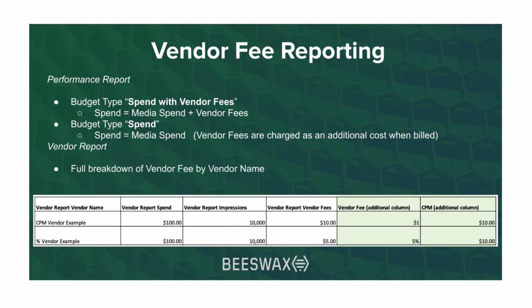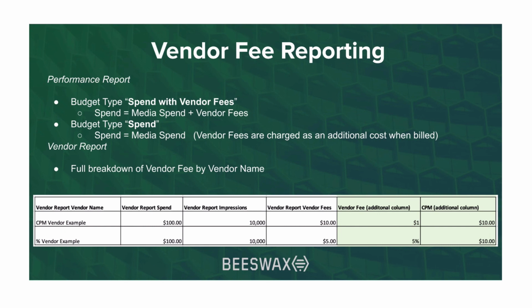So in this case, we've served 10,000 impressions, which is 1,000 times by 10. And so there's 10 1,000s. We're charging $1 per 1,000 impressions. So it's a simple calculation of 1 times by 10. The vendor fee would show as $10.